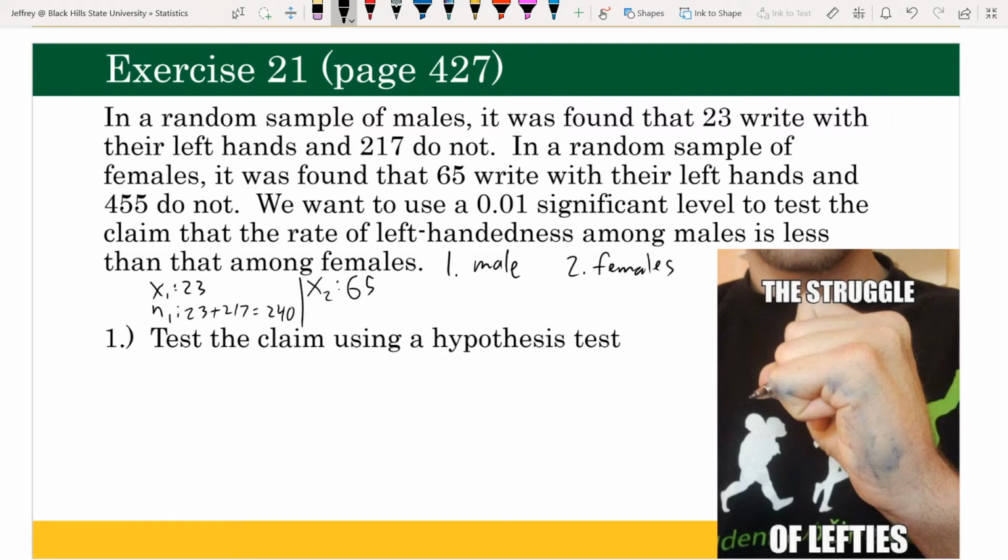Looking at females, we have 65 that write with the left hands, and we have 455 that do not. So n2 is going to be 65 plus 455, which is 520. So for the null hypothesis, we assume that both proportions are the same. The alternative, which is our claim, is that p1 is less than p2. Our significance level, of course, is just 0.05.